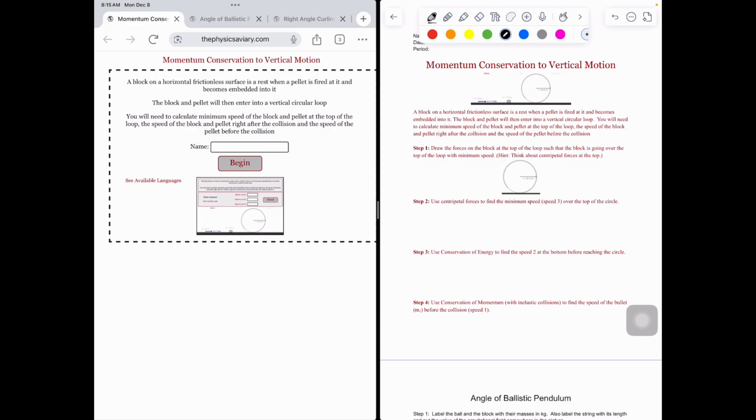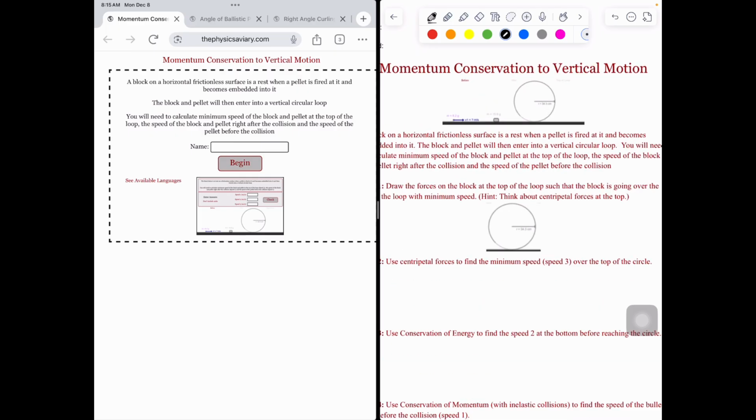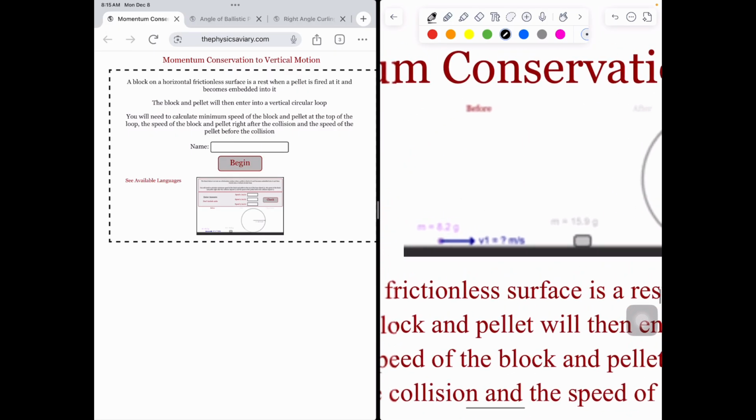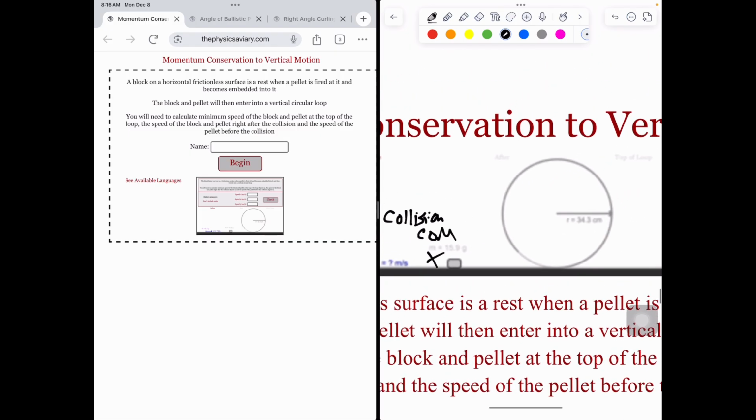But here's what we have going on here. In this particular part of the problem, you have a collision right here. Specifically, you're going to have an inelastic collision because the two masses will stick together. So we have conservation of momentum happening right there. Then the two masses are going to combine, and they're going to fly to their highest point.